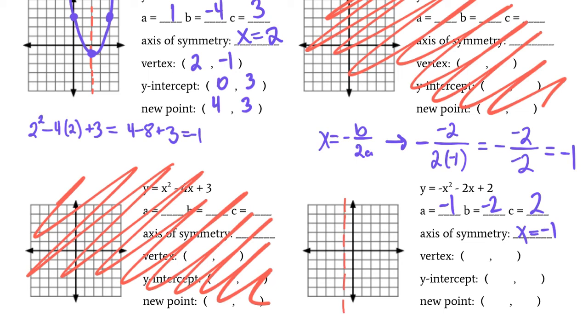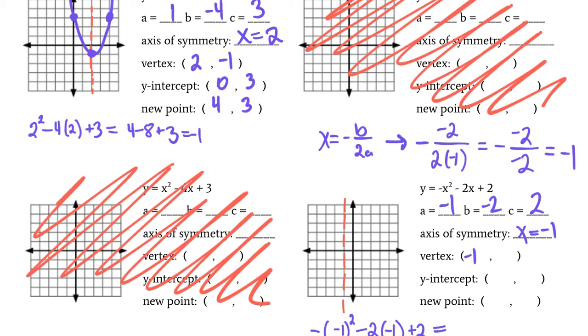So I know my vertex is somewhere on that line, meaning the x value has to be -1. All right, so let's plug -1 in and see what we get. So negative parenthesis -1 squared, parentheses are key, minus 2 times -1 plus 2.